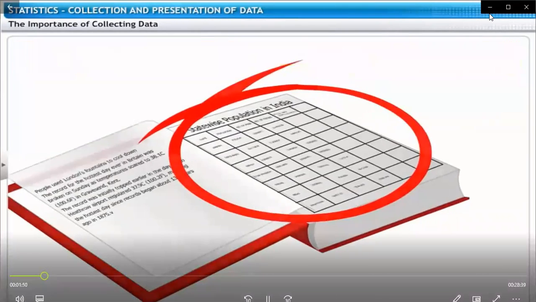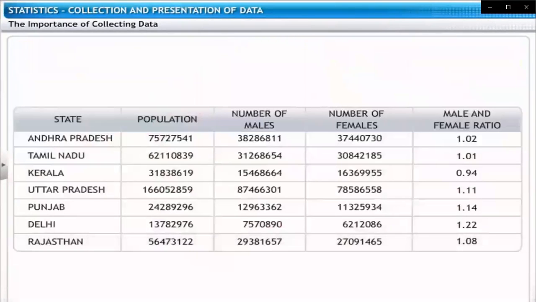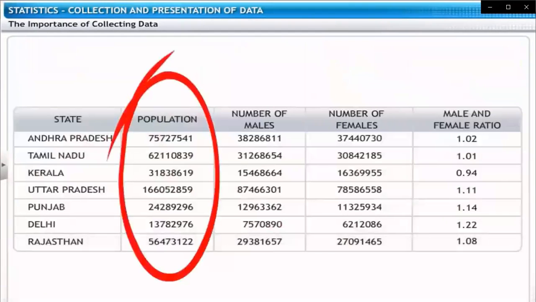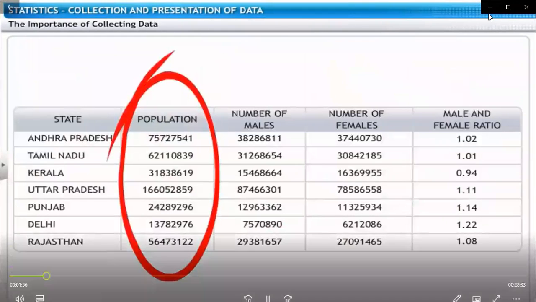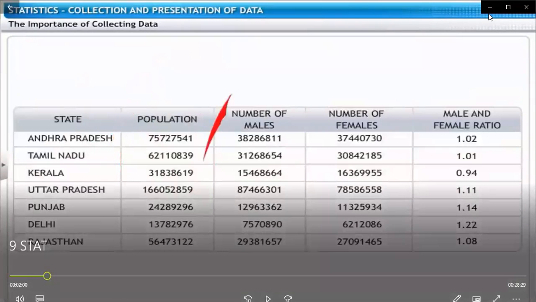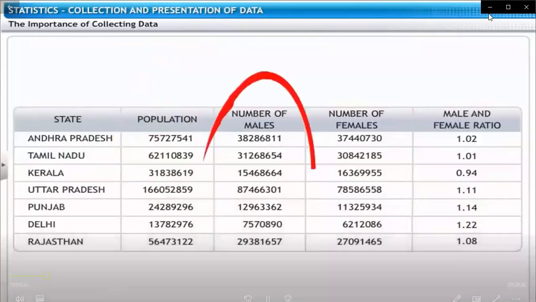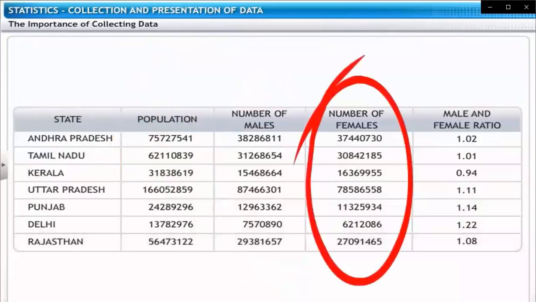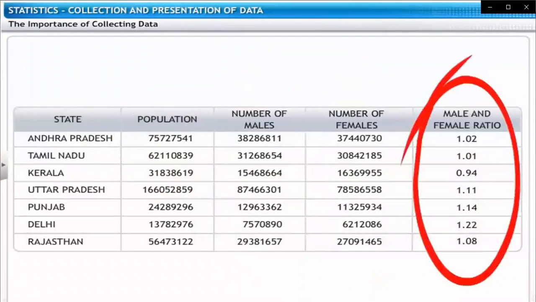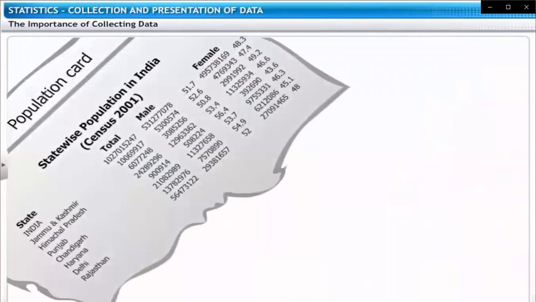For example, data collected regarding the population survey of a state. We can see over here that different states are mentioned along with their populations. The survey keeps on going for years and months to collect all this raw data: the number of males and number of females and the male and female ratio.